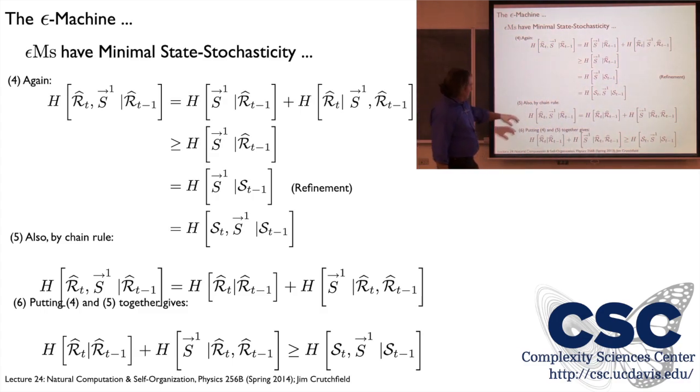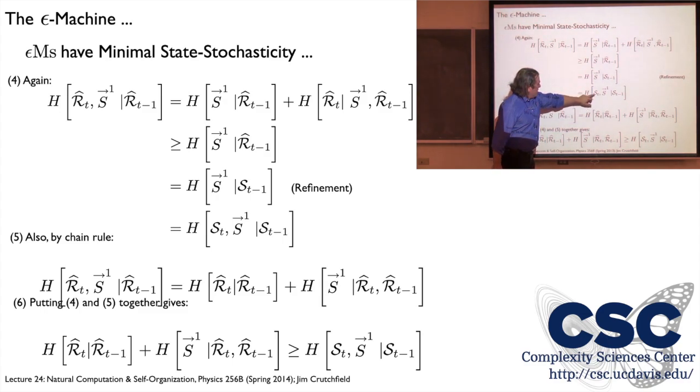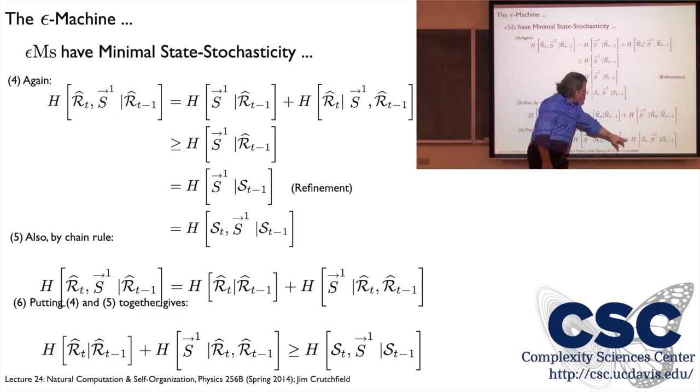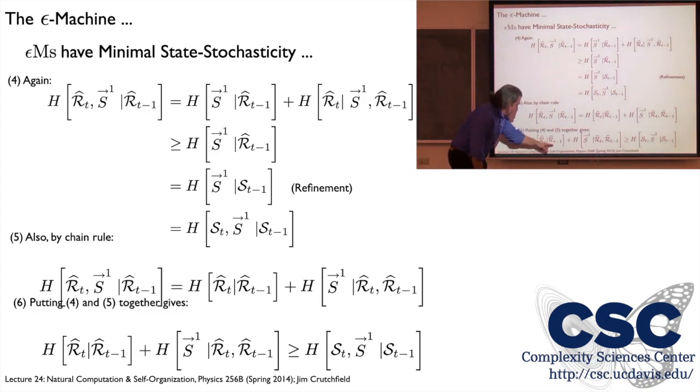Now I can put these two things together to show that, since these are equal and I just showed this is lower bounded by this quantity, this right-hand side is greater than or equal to this. What I'm trying to do here is pull out terms that look like this, because I just want to make bounds on the rival internal state process and the causal state internal process.